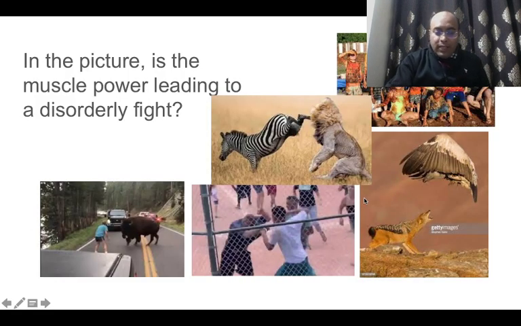Further, this zebra is trying to hit this lion. Here we see what seems to be a vulture or eagle. It might have lifted this jackal's food. Here we see a wild bovine or buffalo on the road, and it may hit this person.